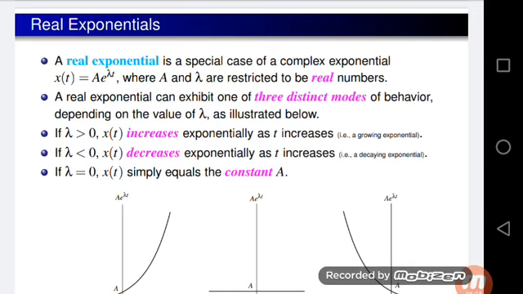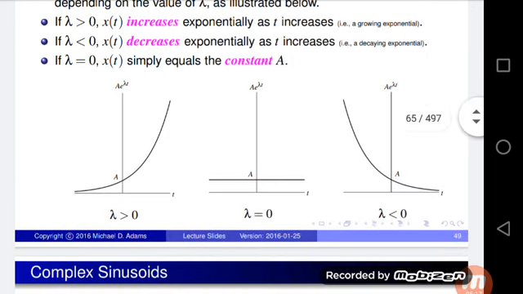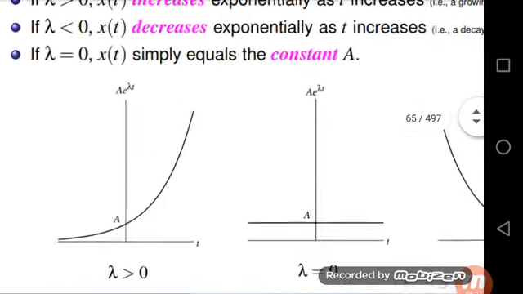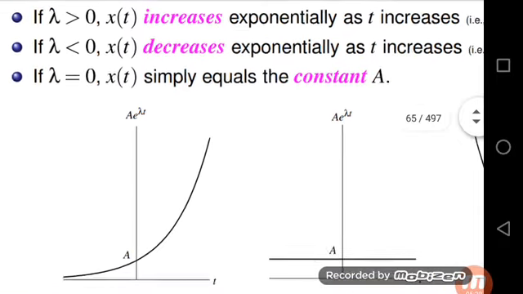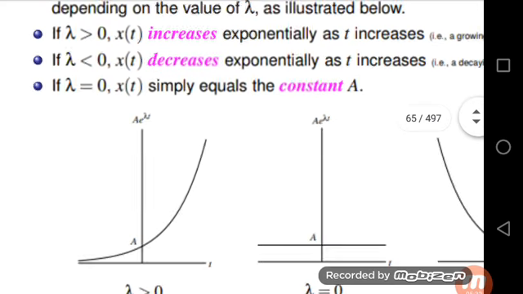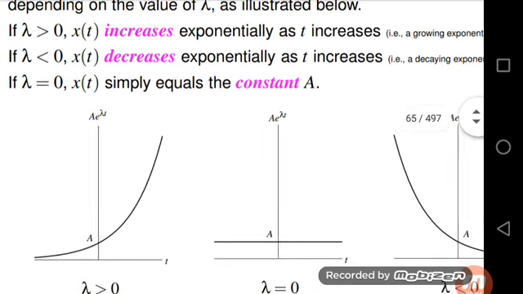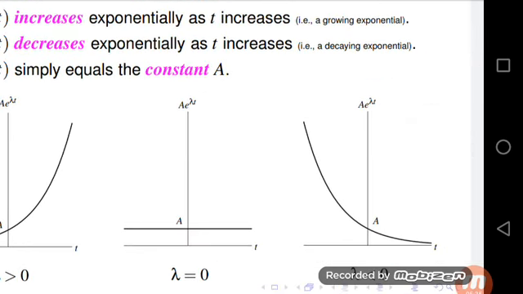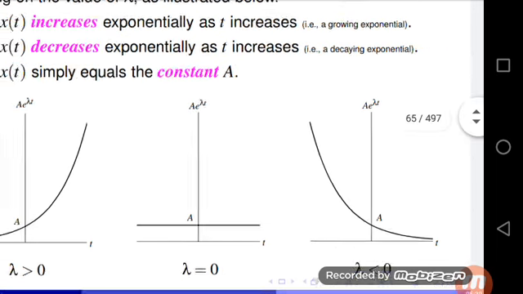For example, if lambda is greater than 0, x of t increases exponentially as t increases, so the wave increases from left side to right side. If lambda is less than 0, x of t decreases exponentially, so it increases from right side to left side.